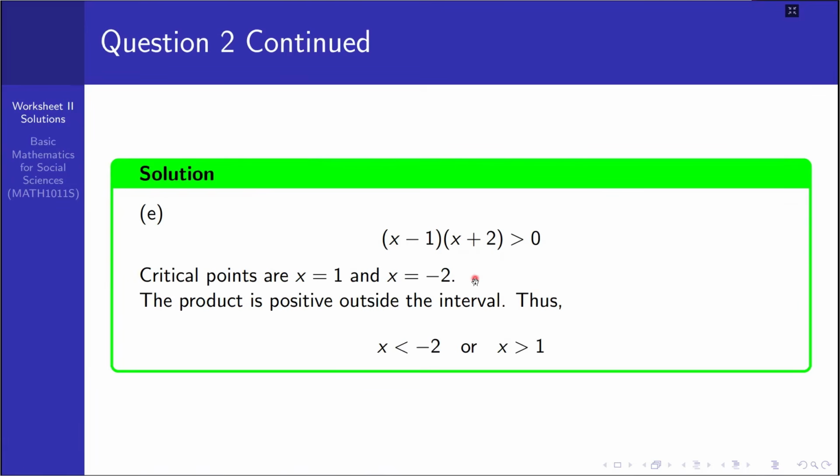And therefore, the product is positive outside the interval. Outside the interval means when x is less than minus 2 or x greater than positive 1. We can apply the property that we already applied in the first quadratic inequality.